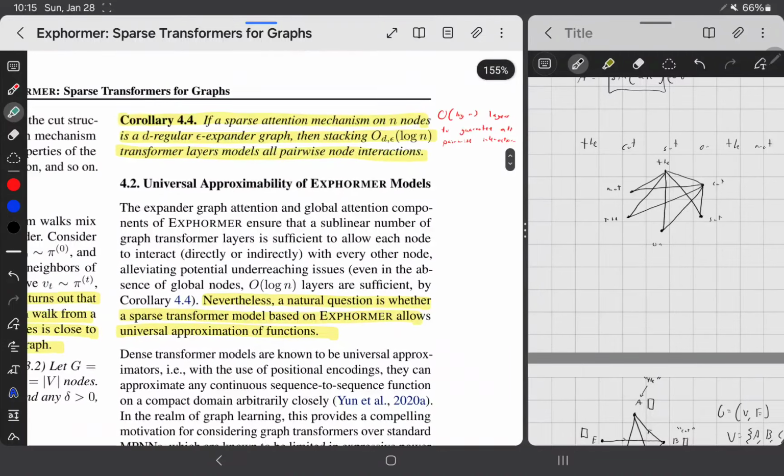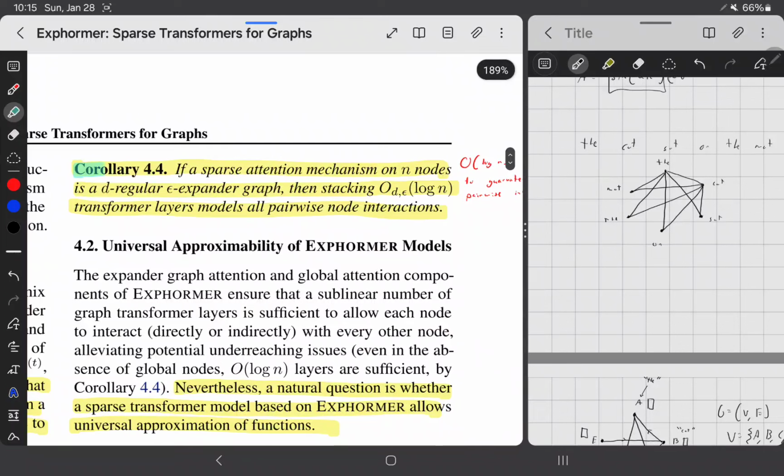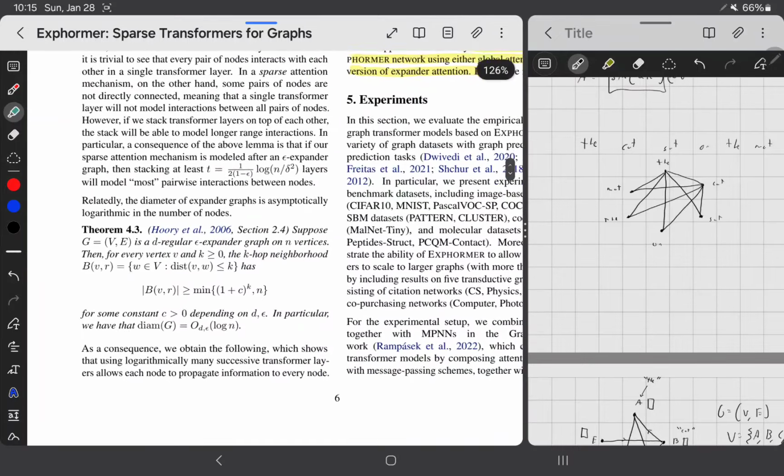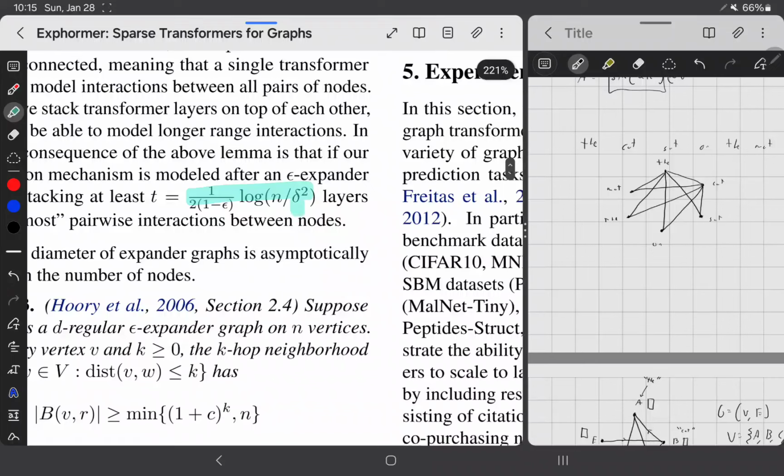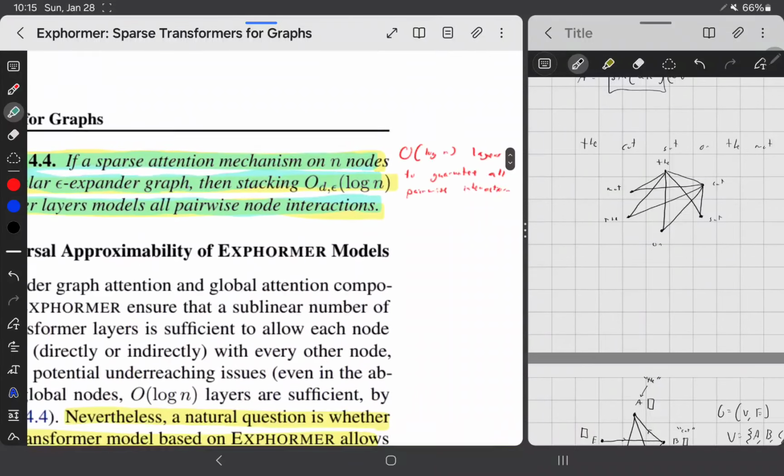So one such is this one: if a sparse attention mechanism has n nodes, is a d-regular and epsilon expander graph, then stacking O of log n transformer layers models all pairwise node interactions. It's not exactly O of log n. It's this here, but it's basically log n.